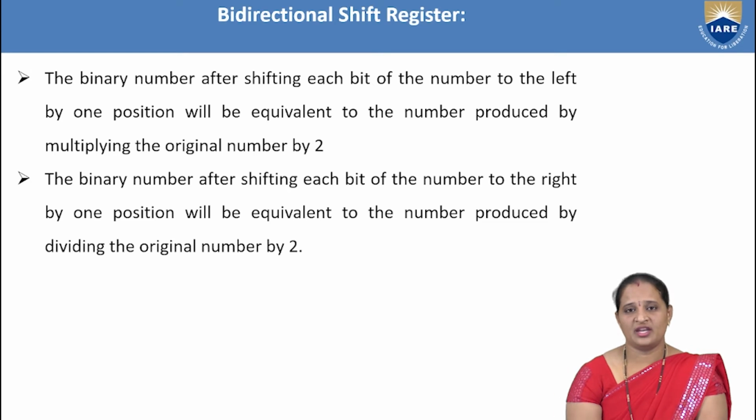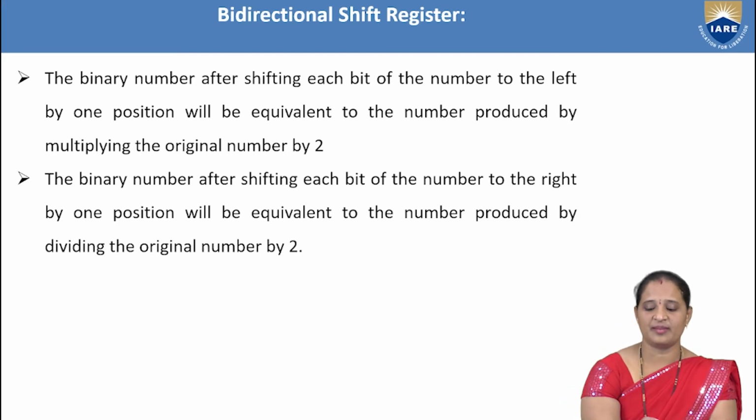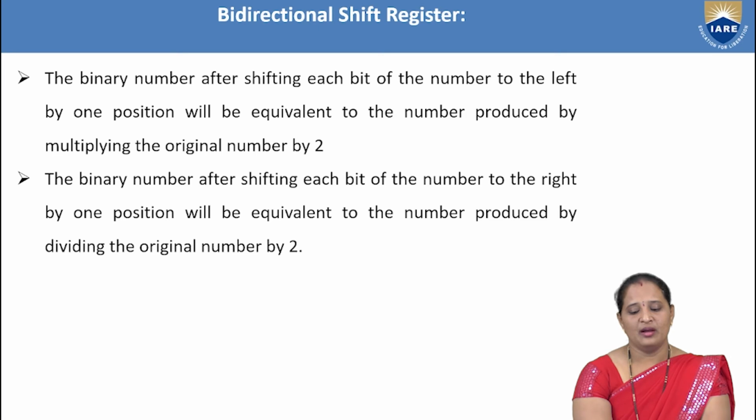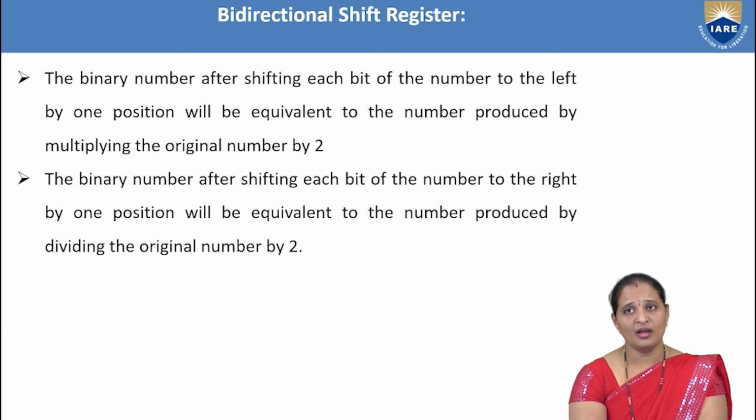When each bit of the binary number is shifted to the left by 1 bit position, it will be equivalent to the number produced by multiplying the original number by 2.